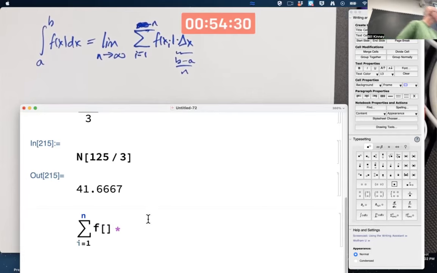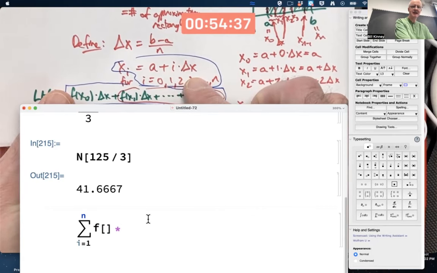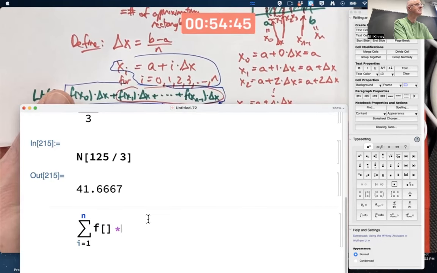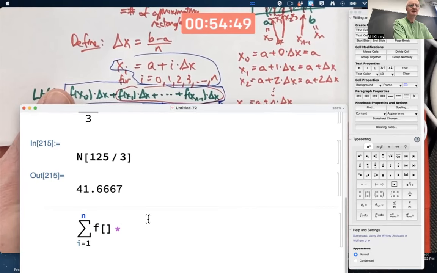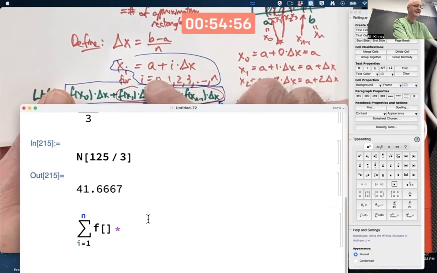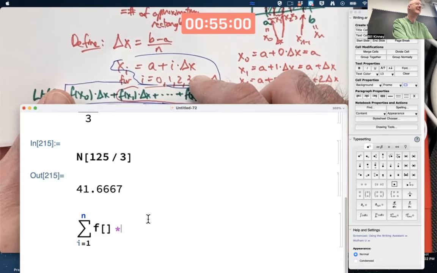Remember, x_i is a plus i times delta x, and delta x is b minus a over n. For our problem, a is 0 and b is 5, time 0 to time 5. So delta x would be 5 minus 0 over n, 5 over n. And this would be 0 plus i times 5 over n, which is just 5i over n.